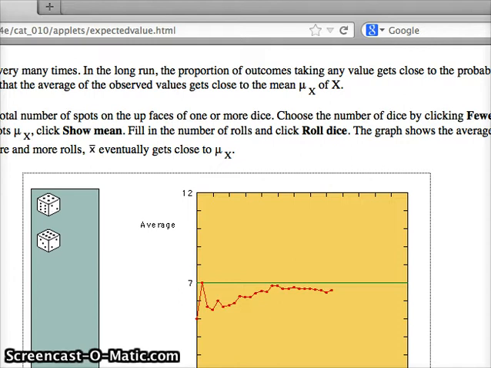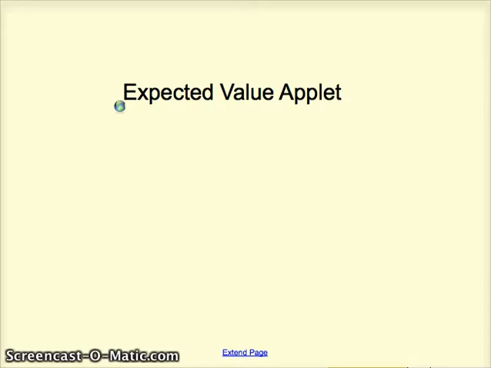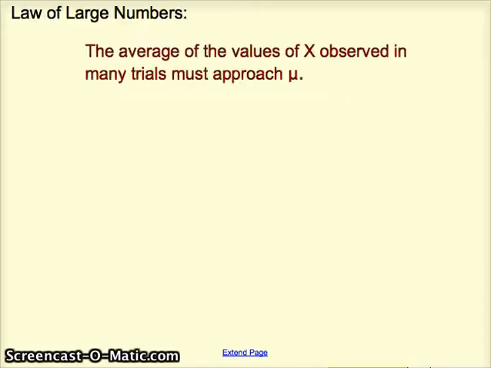And that's true for any discrete random variable. The more trials you run, the closer you get to the true value, the true mean, the true expected value. Right? That's called the law of large numbers. The average of the values x observed in many trials must approach mu, the true mean.